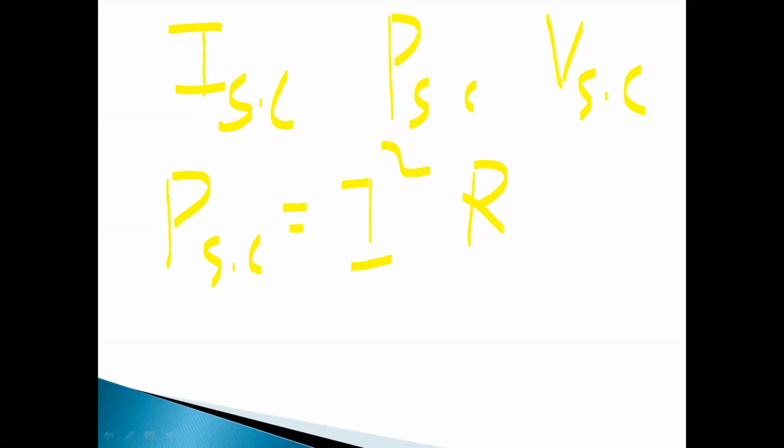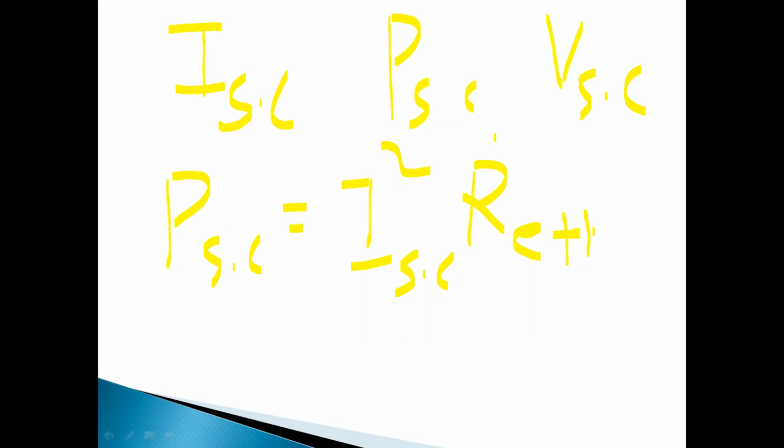So I squared R means ISC squared times R equivalent. Since the test is done on the HV side, it is R equivalent referred to the HV side. This is the PSC formula. Here we may use capital or small letters. It is just the equivalent resistance referred to the HV side.